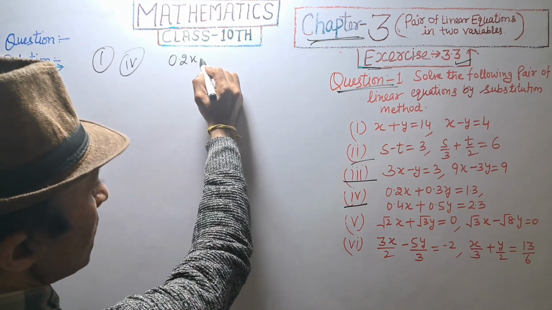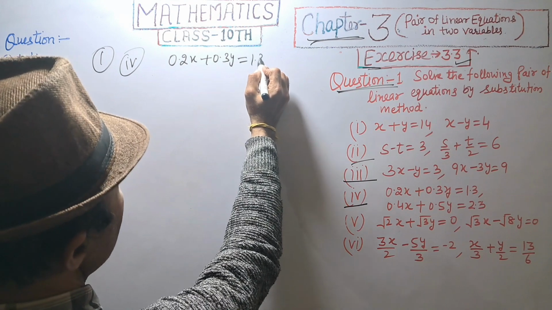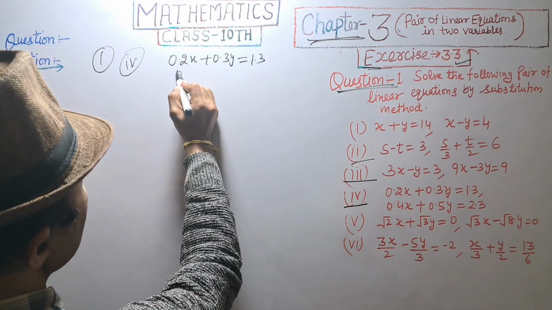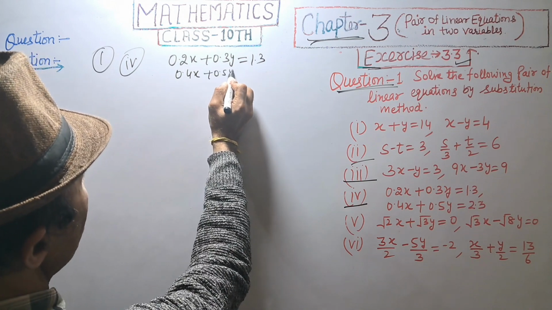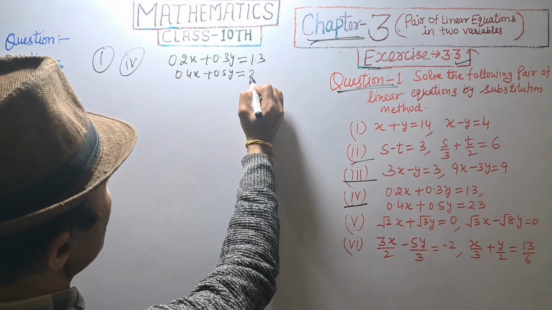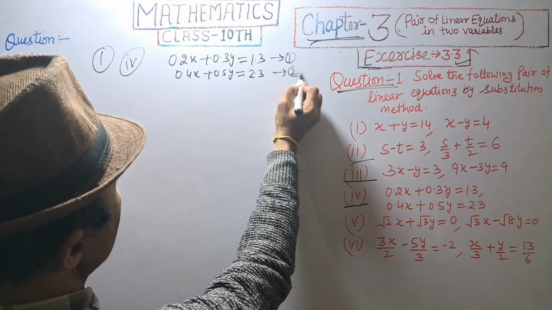0.2x plus 0.3y is equal to 1.3, and 0.4x plus 0.5y is equal to 2.3. Equation first and equation second.